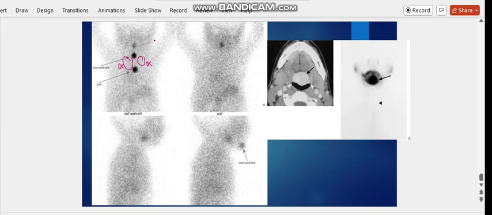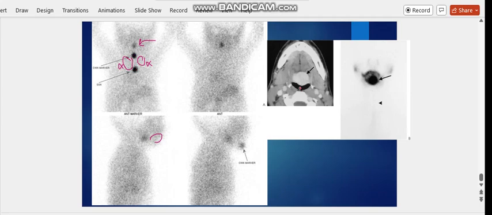However, a faint uptake is seen just above the level of the chin, and on the lateral view, this is seen just behind the level of the tongue. This is the marker at the level of the chin, and this is the marker at the level of the suprasternal notch.